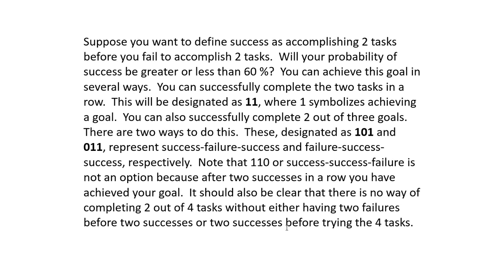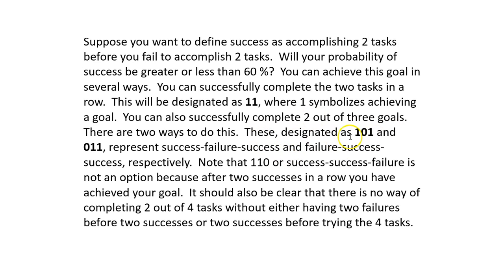You can achieve this goal in really 2 ways. You can successfully complete 2 tasks in a row, and we'll designate this as 1, 1, 1 meaning success followed by success. So the 1 will symbolize success, and later we'll see 0 symbolizes failure. You can successfully complete 2 out of 3 goals. That's another way of achieving it. But there's 2 ways to do this.